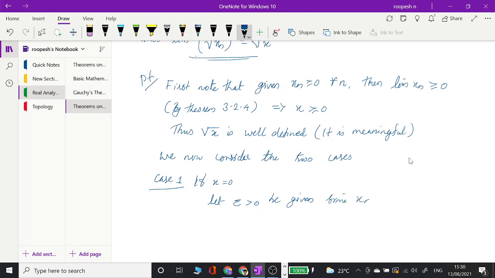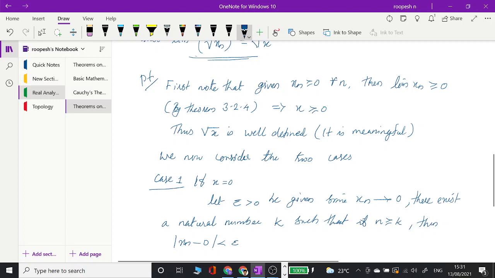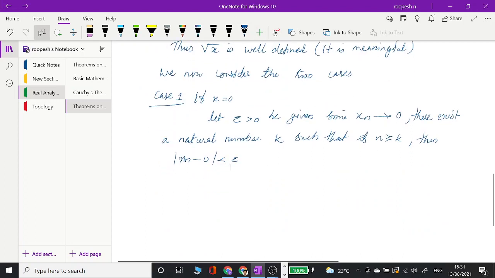Since xn converges to x, that is x is 0, so xn converges to 0, there exists a natural number k such that if n is greater than or equal to k, then we already know that modulus of xn minus 0 is less than epsilon.